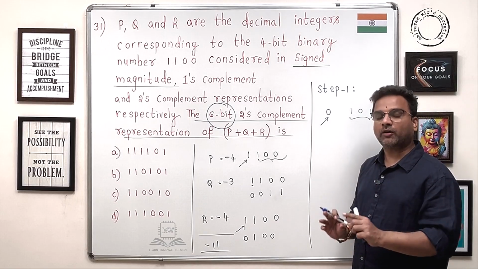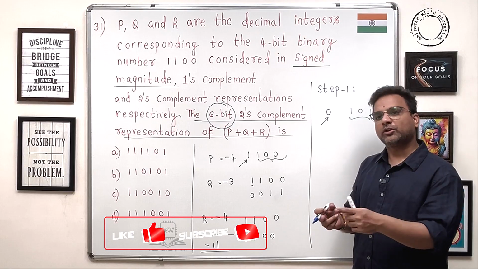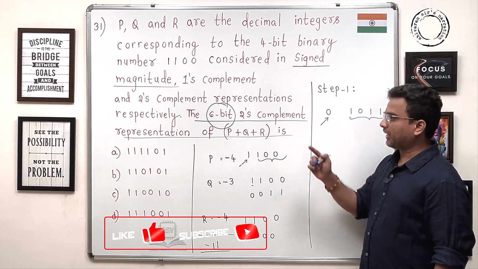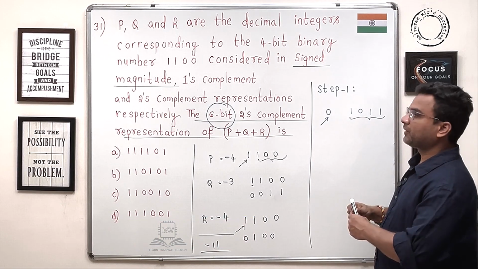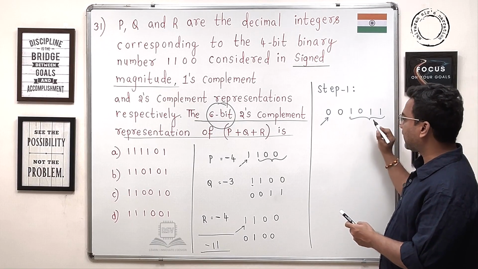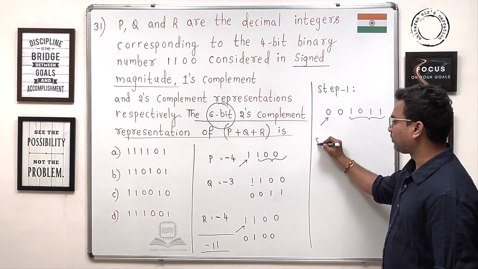So here what you can do is, between the sign bit and the magnitude bits, you can add any number of bits as per your requirement. That's it. I want 6 bits, hence here I am adding 10 between the sign bit and the magnitude. Now step 1 over. Now what is step 2?